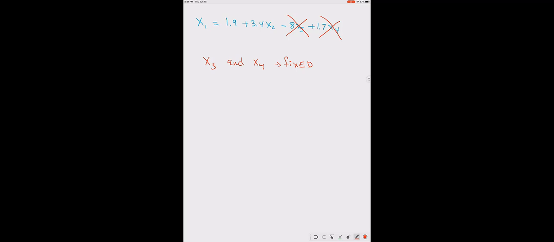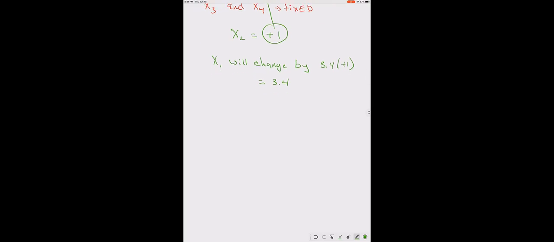Think about what's happening to this term if I'm plugging in x2 equals plus 1 unit. Then x1 will change by 3.4 times plus 1, so the change will be positive 3.4.